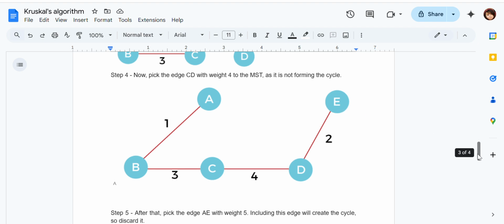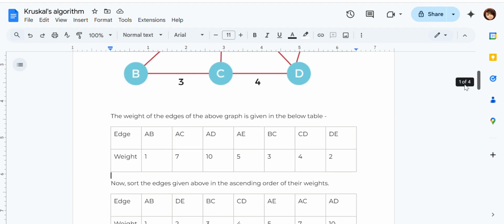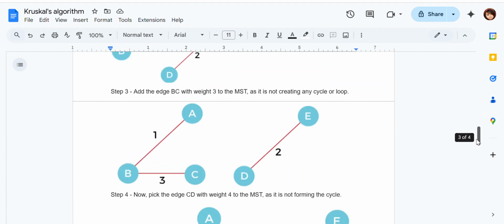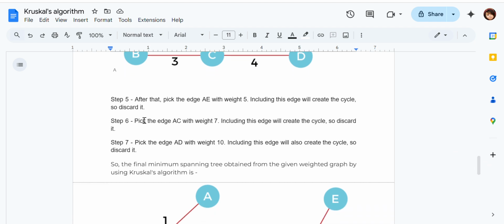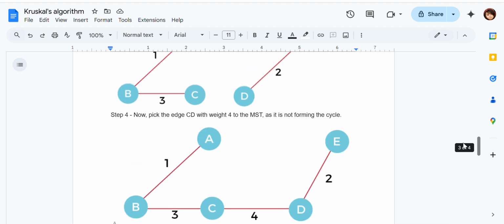Now the next edge is AE. If we pick AE with weight 5 and include this edge, will it create a cycle? If you add A and E, a cycle is getting formed.